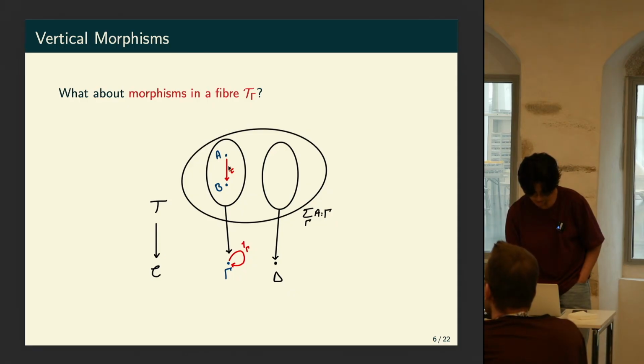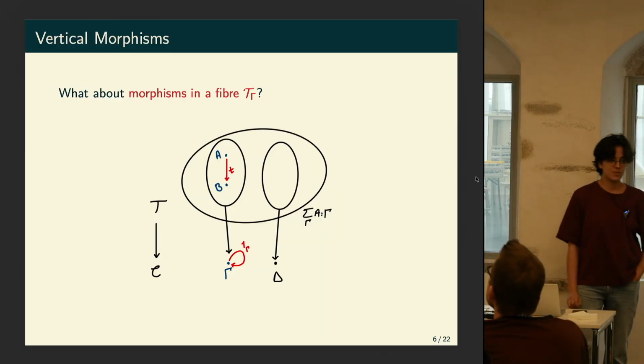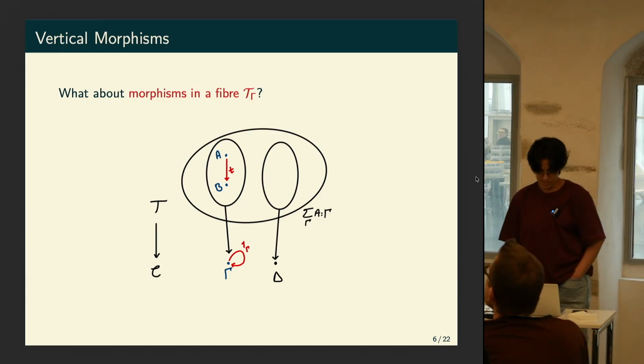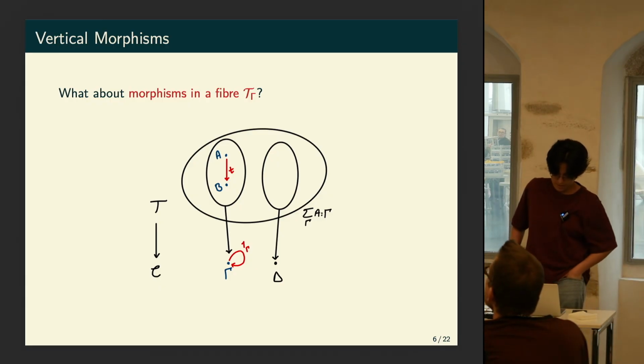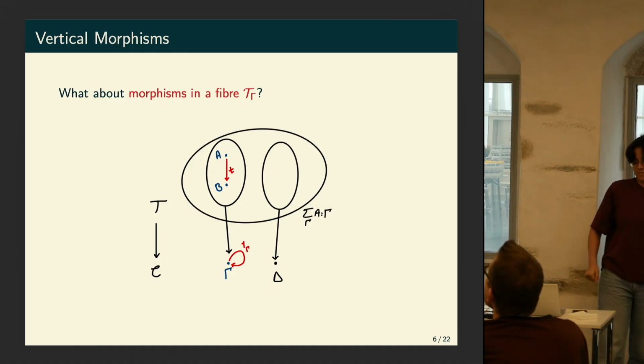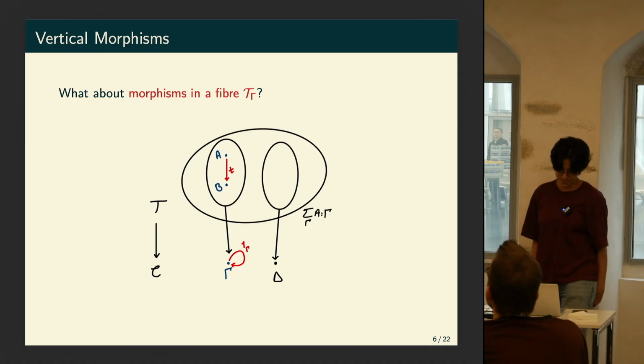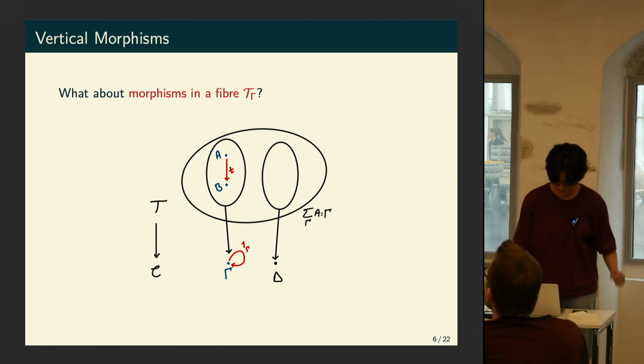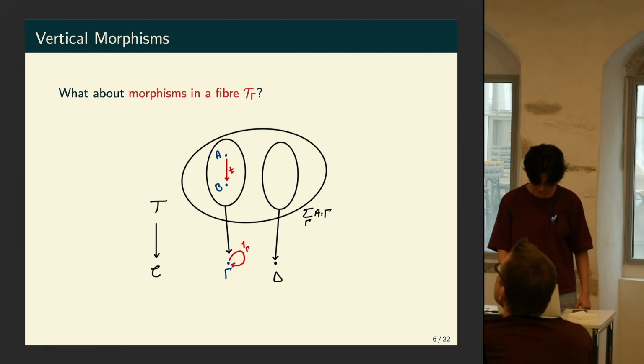If you have a fiber like this over an object gamma in C, what about these morphisms here? I did not mention them in the previous slide. These are exactly the features of a comprehension category that, as I said at the beginning, this semantics arrow does not touch. These are important in the rest of this talk.